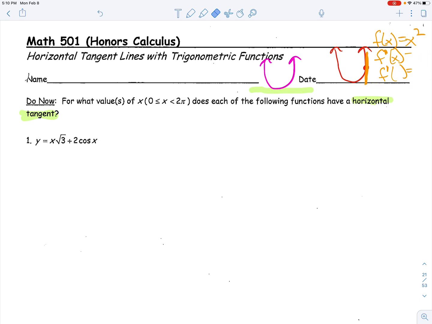So basically what we're going to be doing here, and then I'll set it up in the next part, is I'm giving you the slope. I'm telling you that the slope is 4.